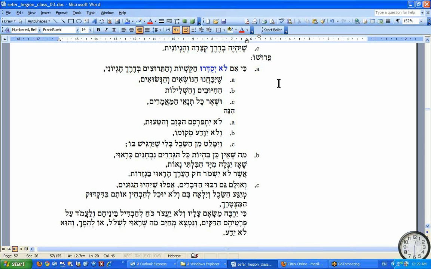V'lo ya'asor koach lahavdil v'neim. You won't hold up to see the differences between the statements. V'lo la'amod al prateim hadakim, and you won't be able to handle small details.